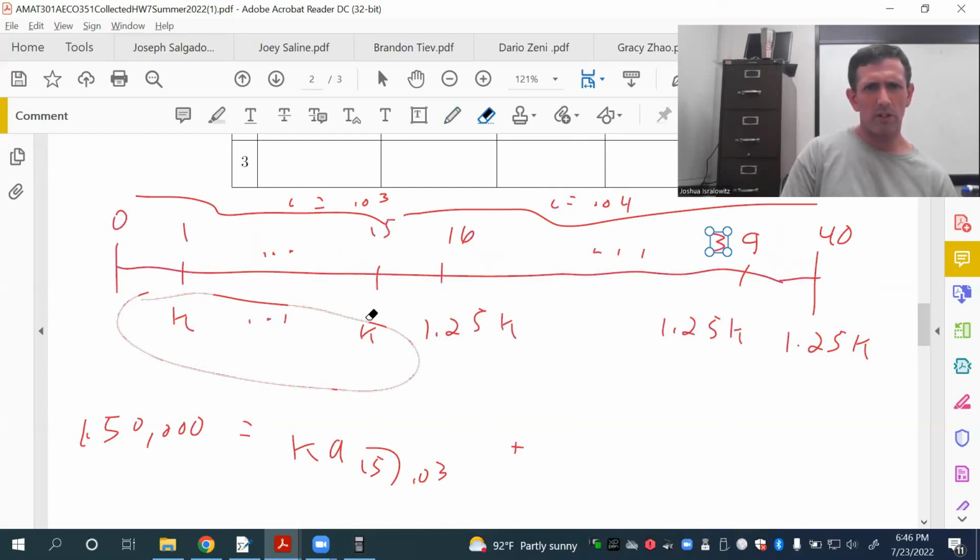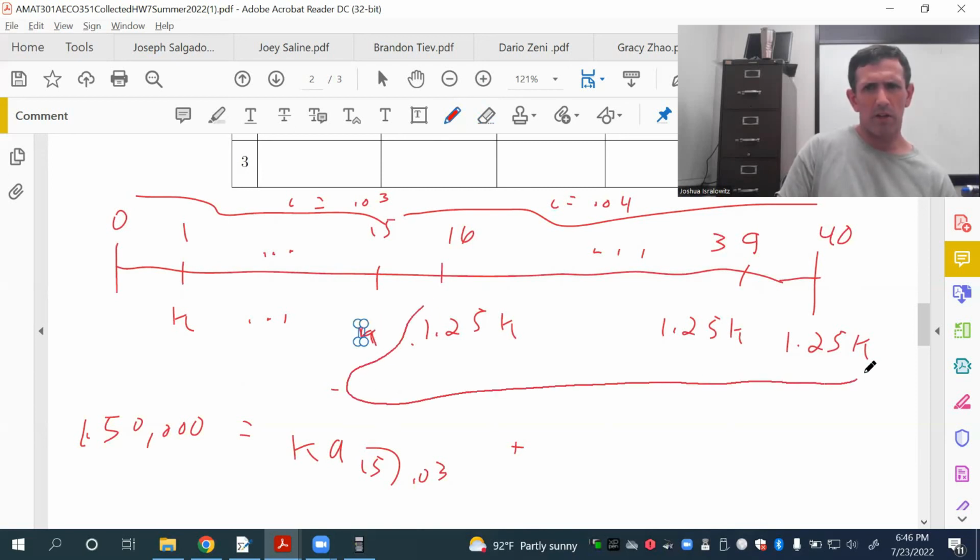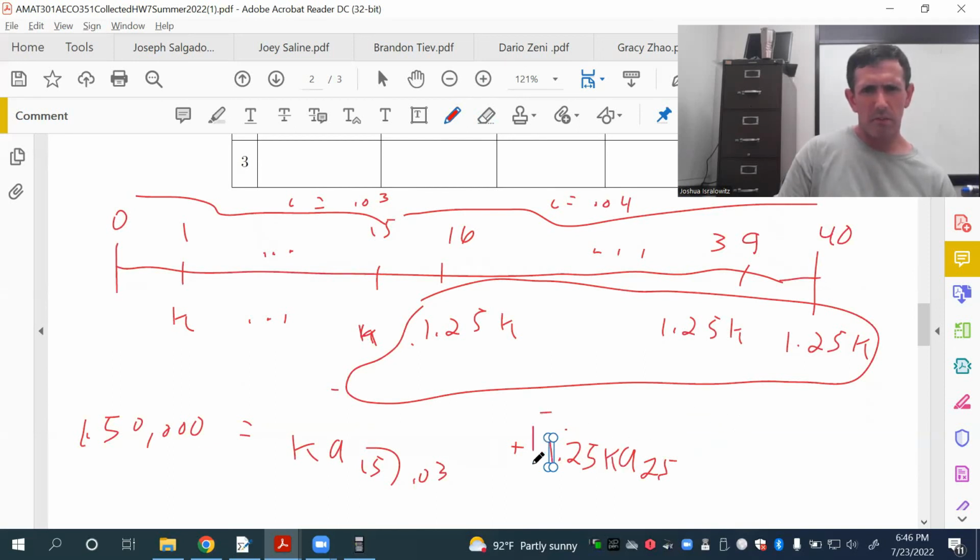As always, it's just the same present value. That gives me present value at t equals 15. So I discount it by 15 years. K a_25, sorry, 1.25. So a lot of people did K. Well, it's 1.25K, it's not just K. I don't like that.